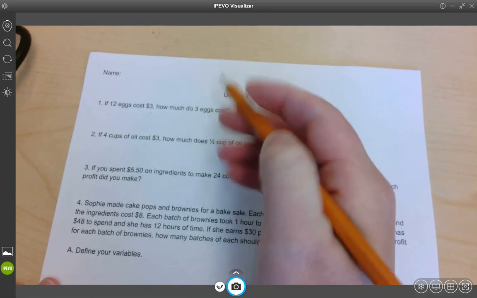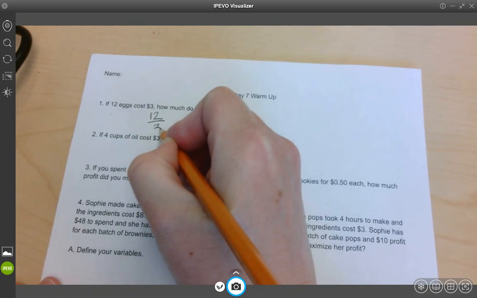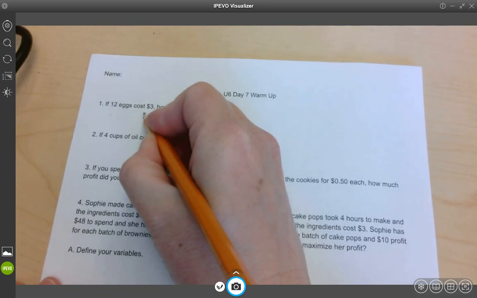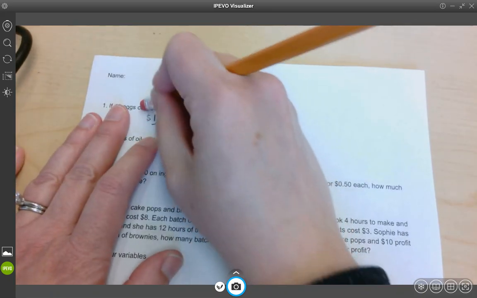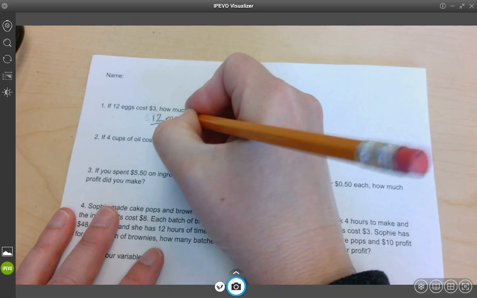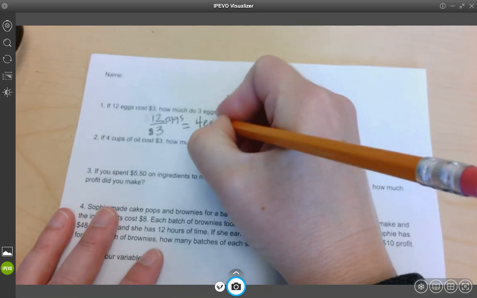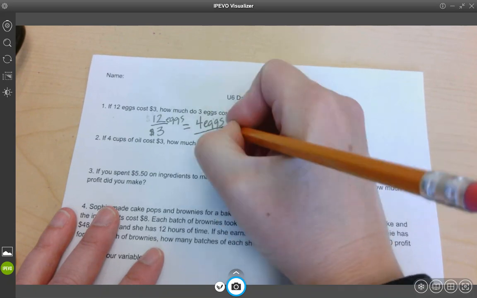So I divided 12 by 3 to get how much 4 eggs would cost. Let's see, so 12 eggs divided by $3. And then I got 4 for that, and that was 4 eggs, which cost $1 each. So 4 eggs cost $1.